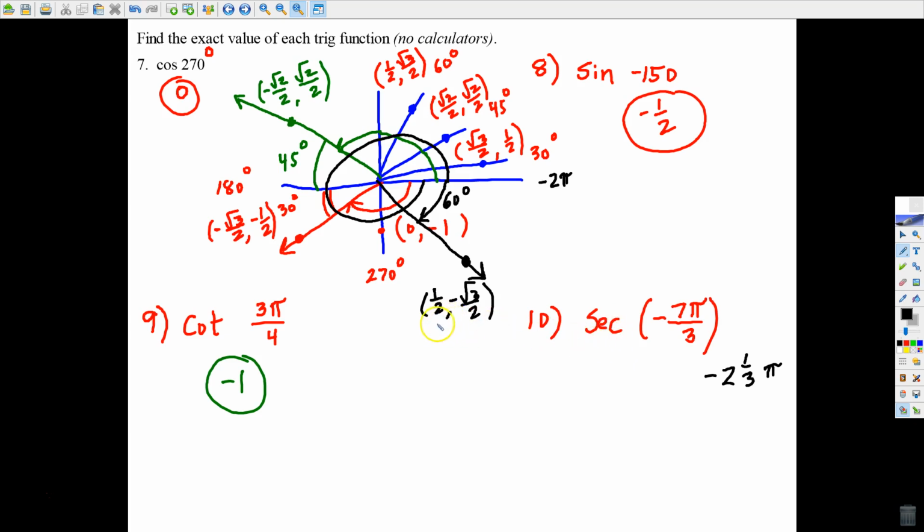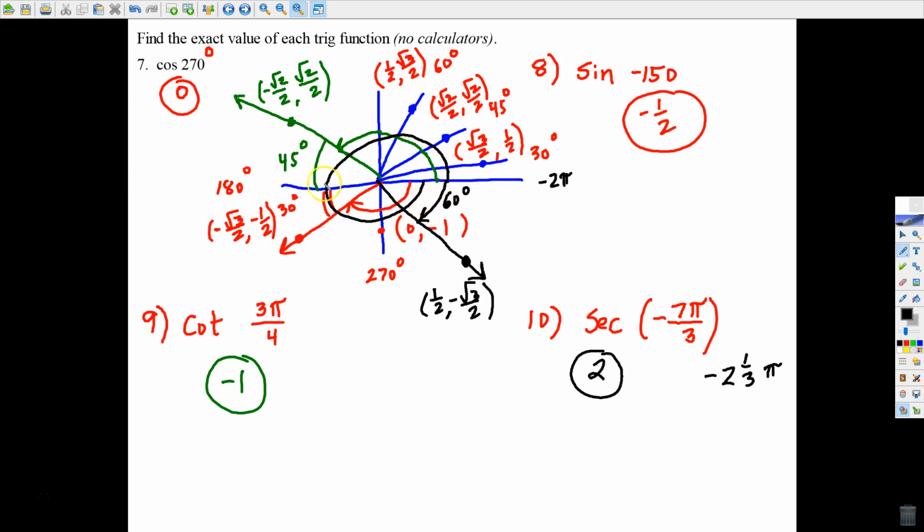If I know cosine for this angle, which is 1/2, to get secant, I just take that and flip it over. So the answer for number 10 will be the reciprocal of 1/2, which is 2. And that's my answer for number 10.